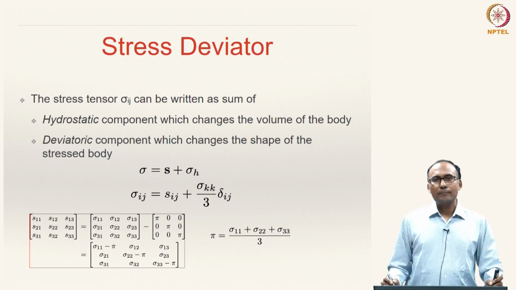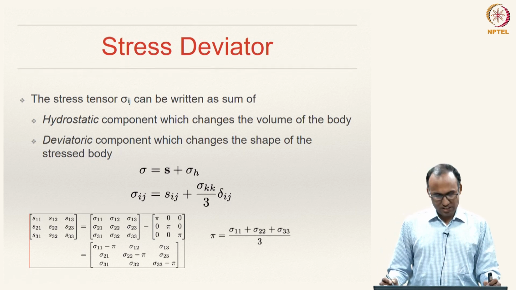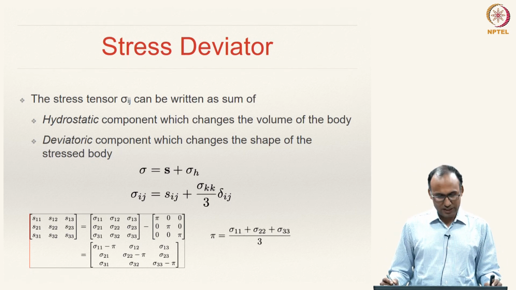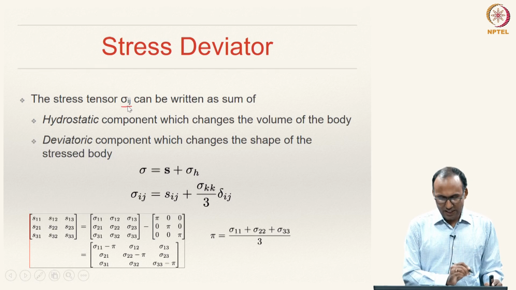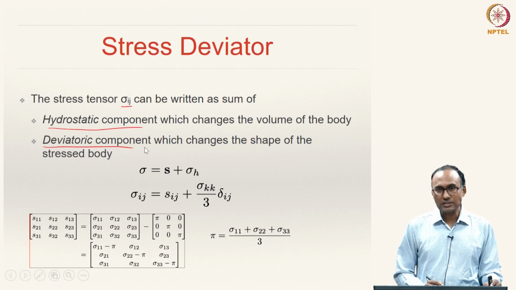So, now let us also look at the deviatoric part of the stress tensor, that is also called stress deviator. The stress tensor sigma ij can be written as a sum of hydrostatic component and deviatoric component, right.